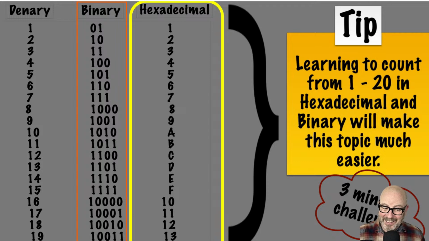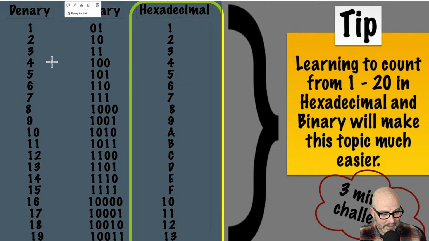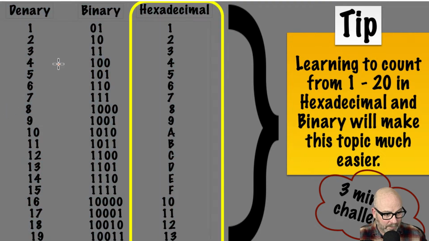So with binary, if you look at the very start of it, the first number is 0, 1, okay? But look how this fills out here from the left, 01, 10. See how this very end one changes each time, 0, 1, 0, 1, 0, 1.